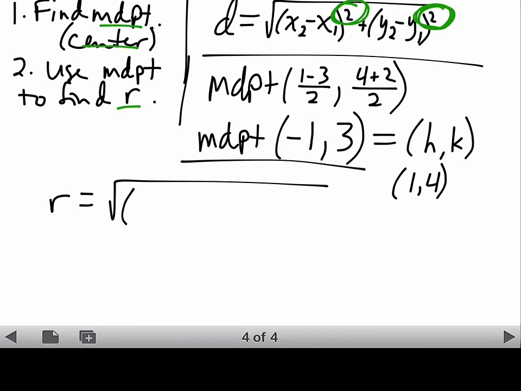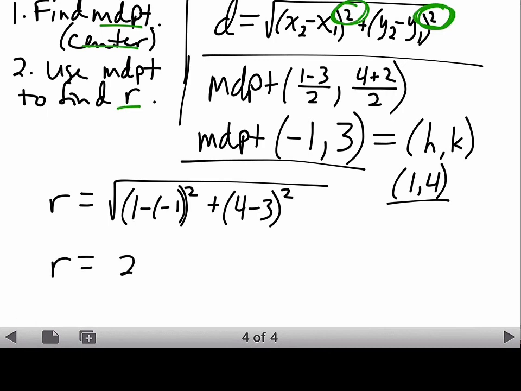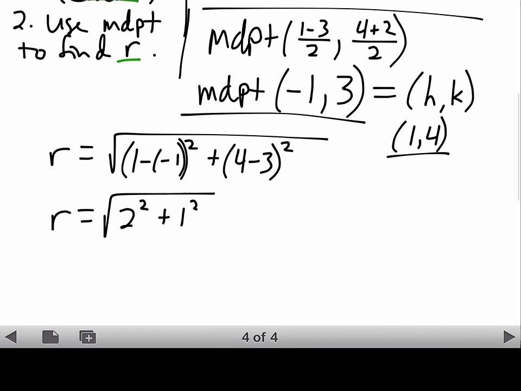But I'll go ahead and put the endpoint first. (1 - (-1)) squared plus (4 - 3) squared. And so the radius is equal to the square root of 2 squared plus 1 squared, so the radius is the square root of 5. What that means is that the radius squared, of course, is equal to 5.